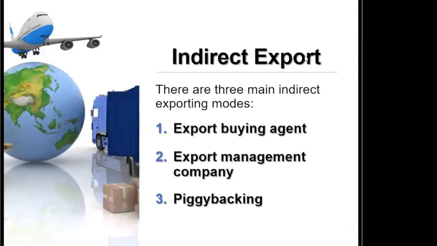So with indirect export, these organizations or companies in the domestic market who will engage in this export activity on behalf of the manufacturer or seller of the products can be put into so many categories. But for today's session, we will discuss three of them. The first one being export buying agents, the second one being export management companies, and then the third one being those who take advantage of piggybacking, right?